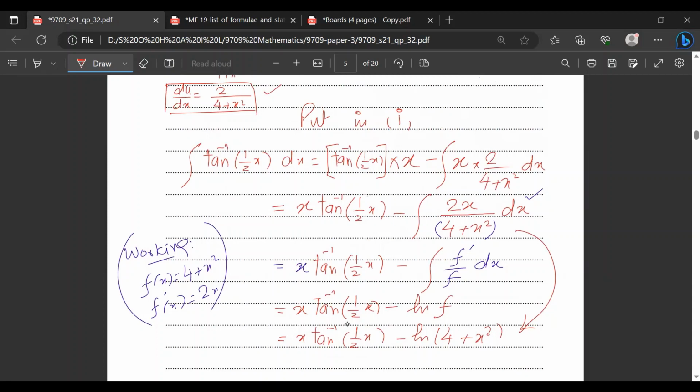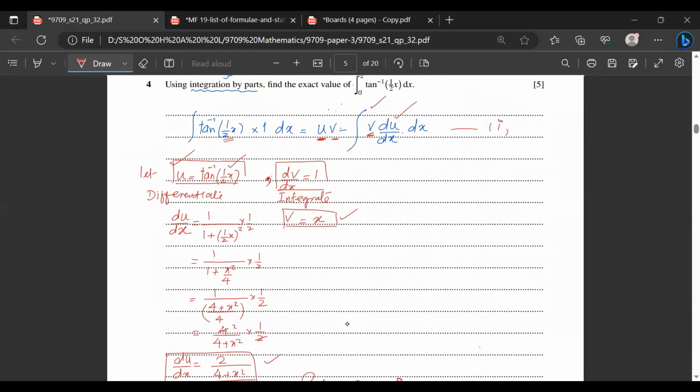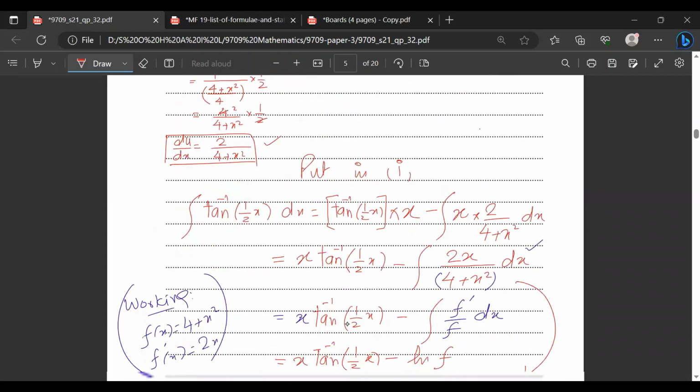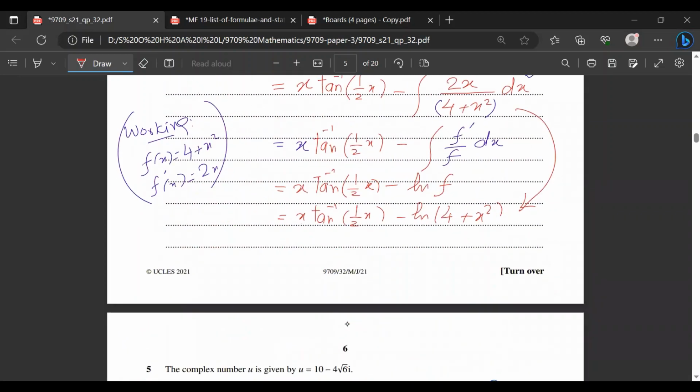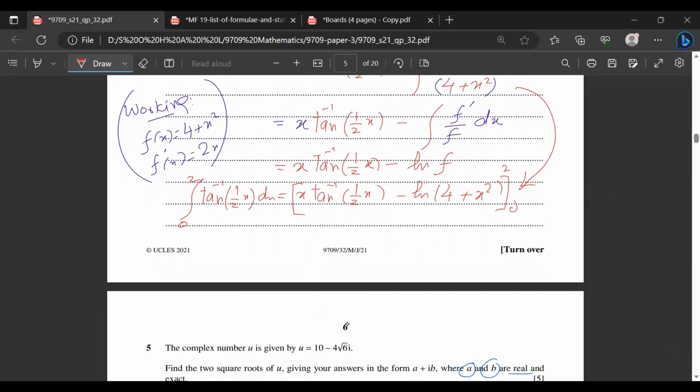As this was a question for a definite integral, the limits are from 0 to 2. So in the end, after completing this whole working, you can write the limits. This is the answer, but if there are limits, you can always use upper limit minus lower limit.